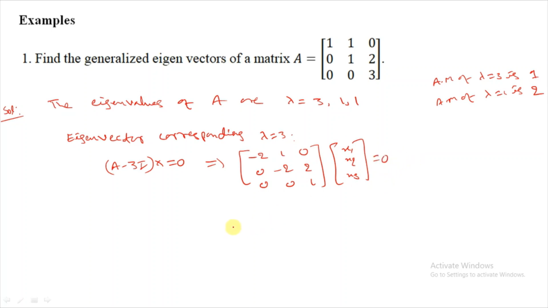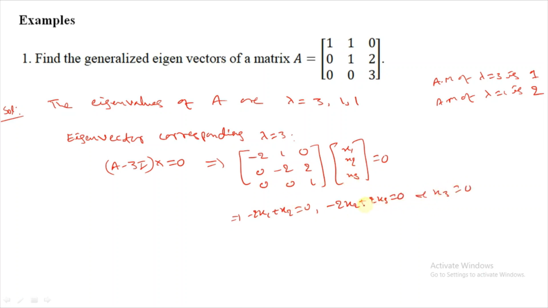Now from this one, we can write: minus 2x1 plus x2 equal to 0, minus 2x2 plus 2x3 equal to 0, and x3 equal to 0.